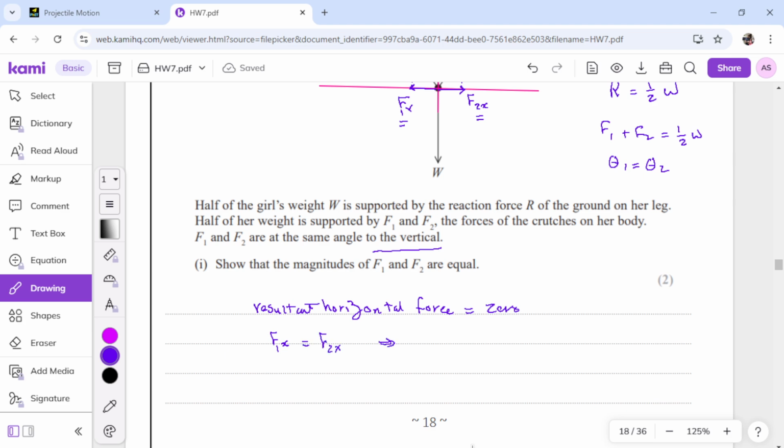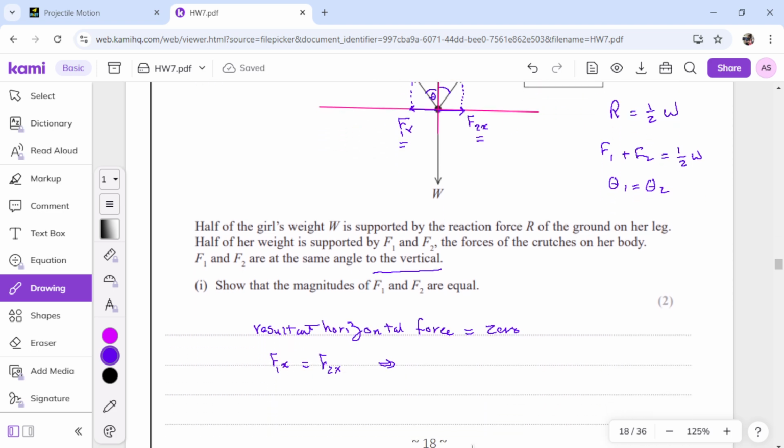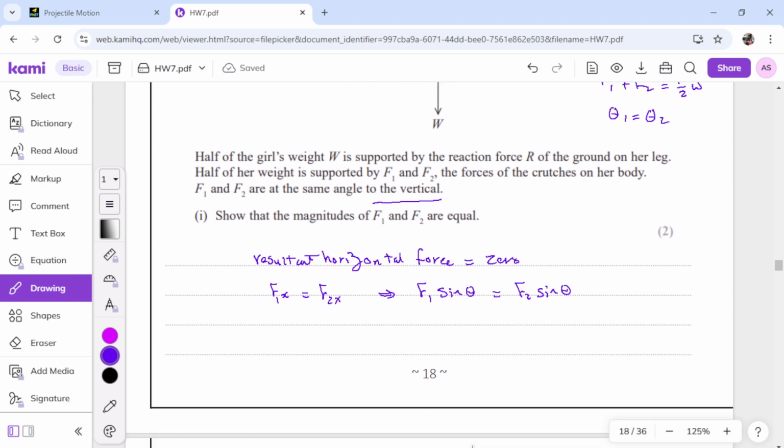Because of the angle with the vertical here, F1x is F1 sine theta. It means F1 sine theta equals F2 sine theta. Okay, theta 1 and theta 2.